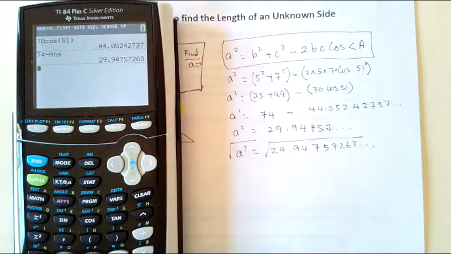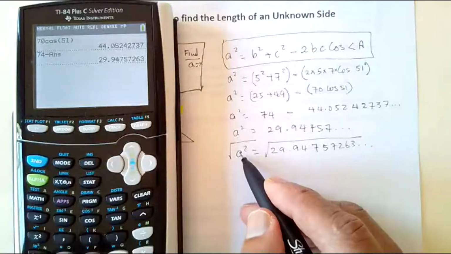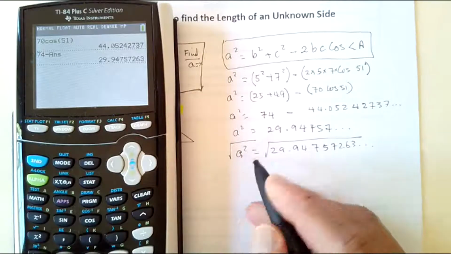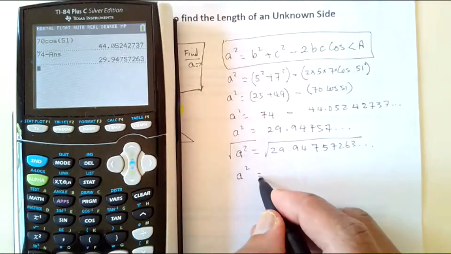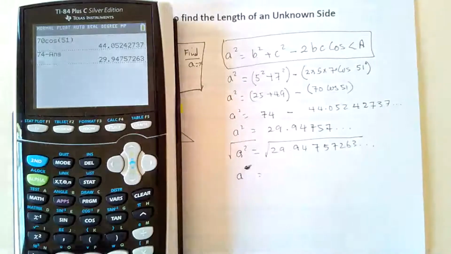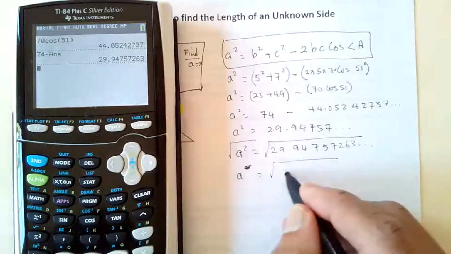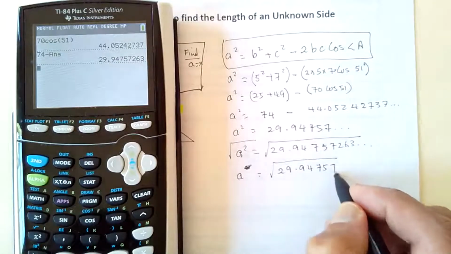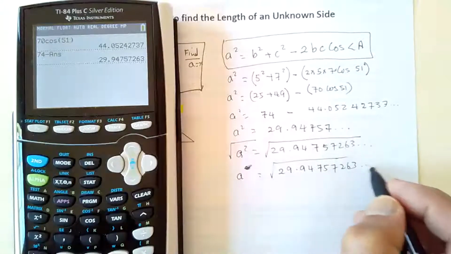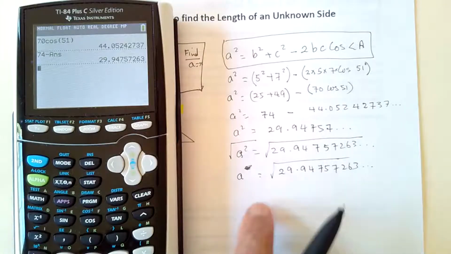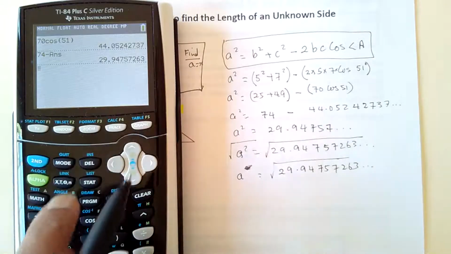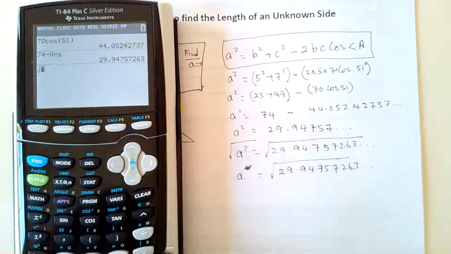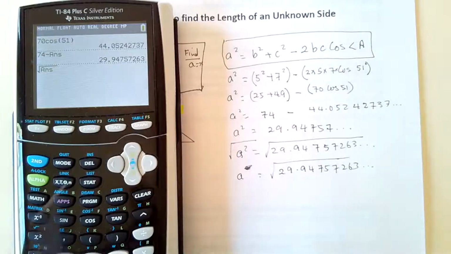By square rooting both sides, I will simplify A squared to A. Next, I perform my operation, square root of, in the graphing calculator, I'm storing the answer.